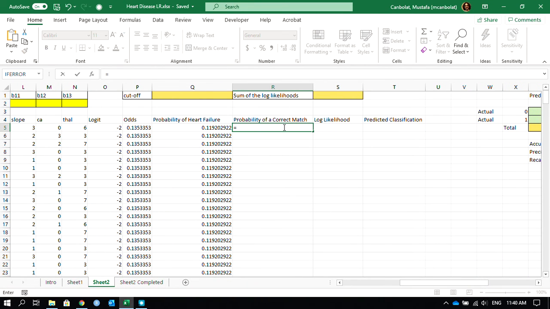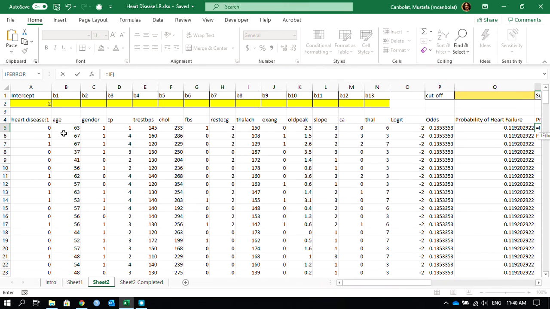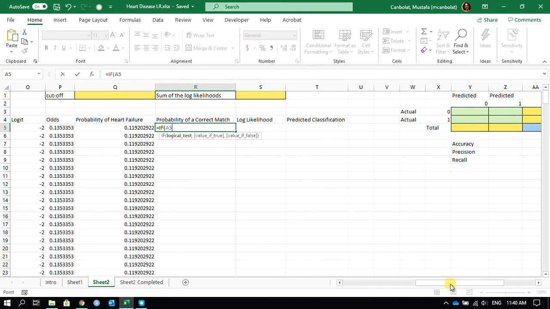So in this case, I will just use an if statement. If this value is equal to 1, then it is going to be just this value, because this is the probability of heart failure. But if it is not, then it is going to be 1 minus this, Q5. And that's it.